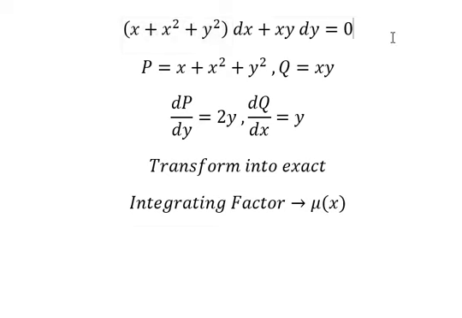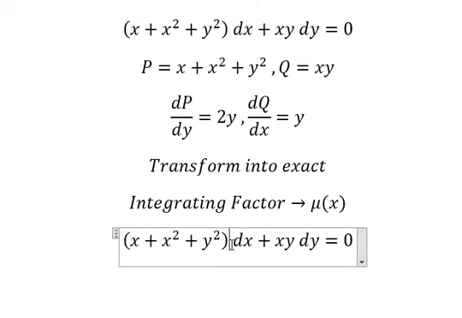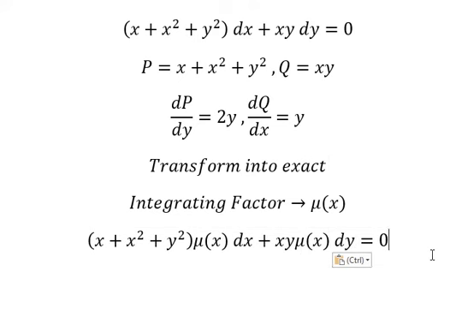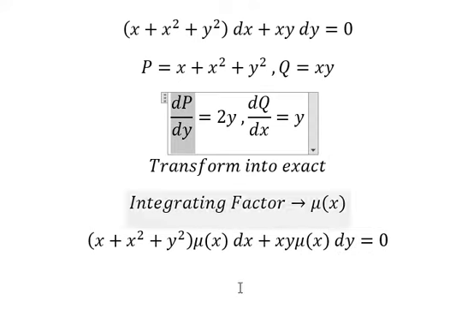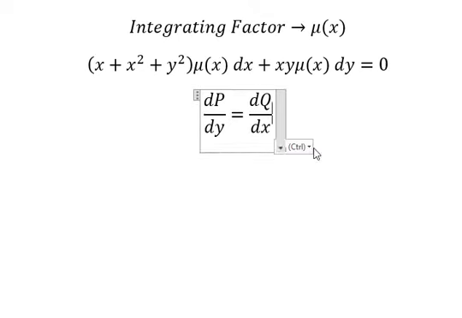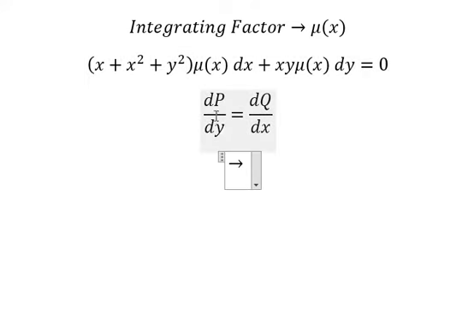That means we multiply both sides by mu s. So we want this one and this one should be the same. So if we do first the derivative of db over dy, they should have like this.